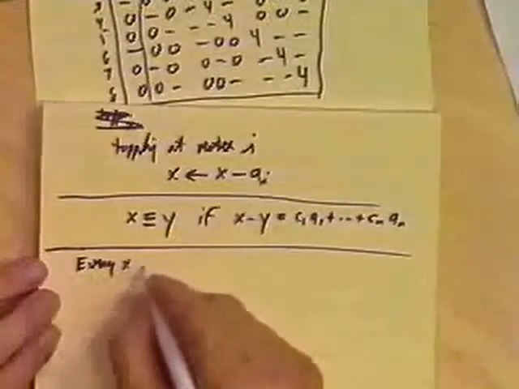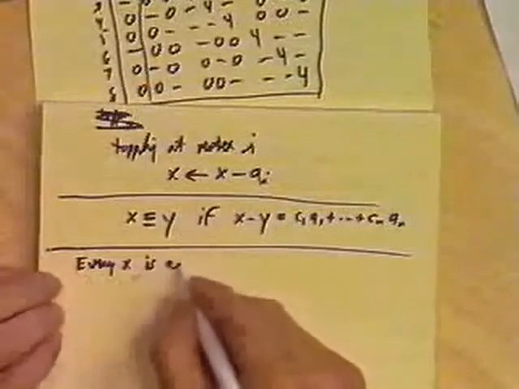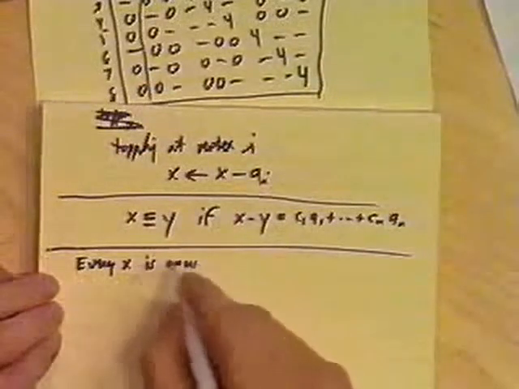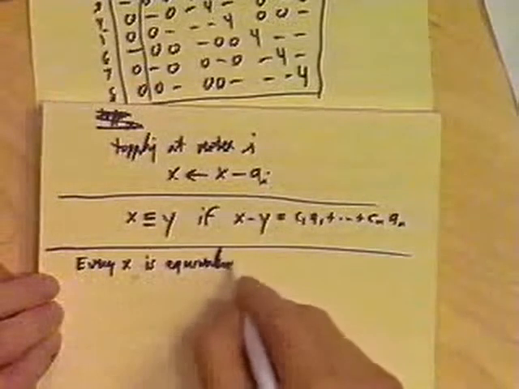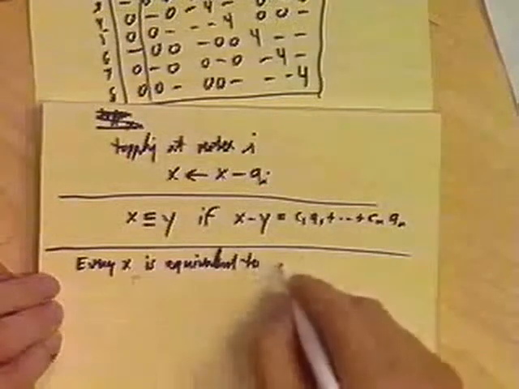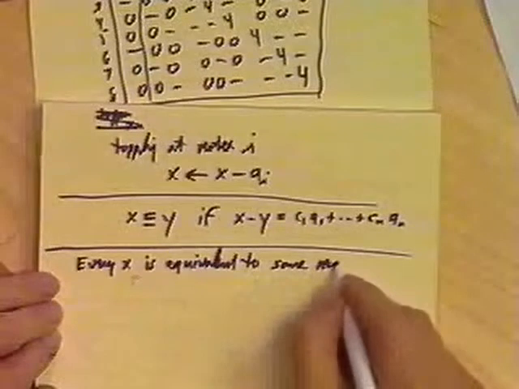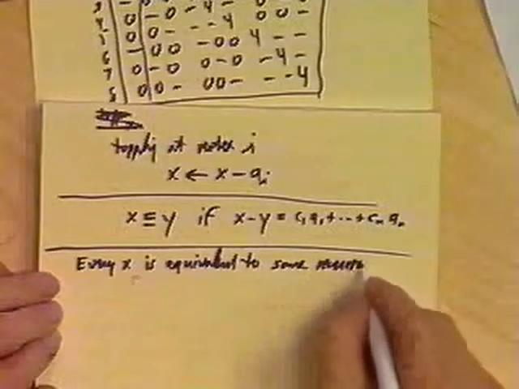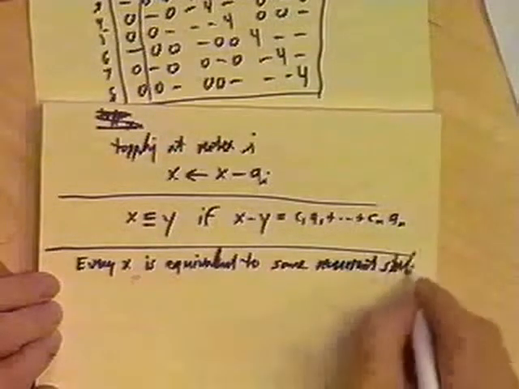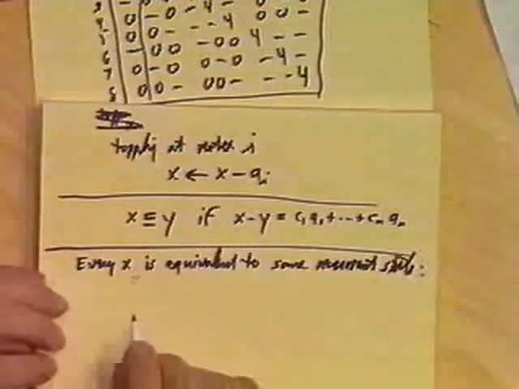Okay, so then the next thing is every vertex is equivalent to some recurrent state.